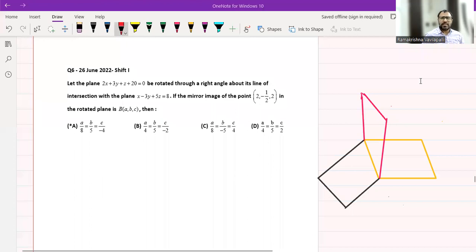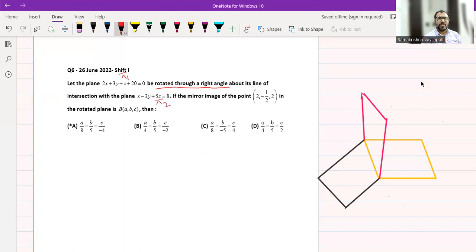So here is another model based on the equation of a plane containing the line of intersection of two planes. Here you see, assume this is pi 1. Let the plane pi 1 be rotated through a right angle about its line of intersection with another plane, pi 2.